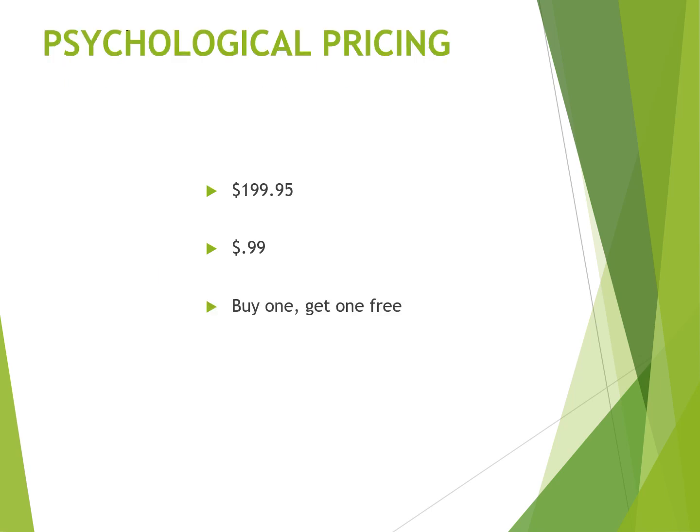Psychological pricing means, especially when we buy chappals and all, they put a price tag of 99.99 instead of 100, right? That will create an impact in the customer's mind, and they think that the price is something low. That is one kind of psychological pricing. Another best example is buy one get one free.